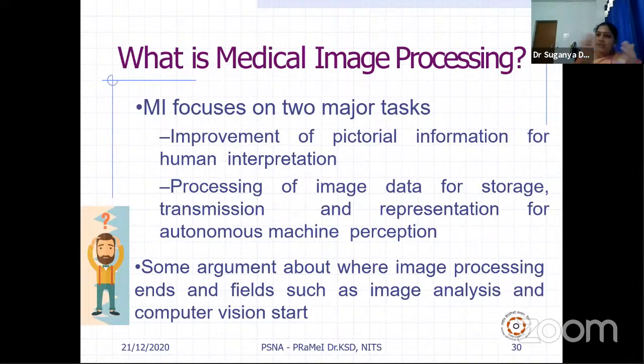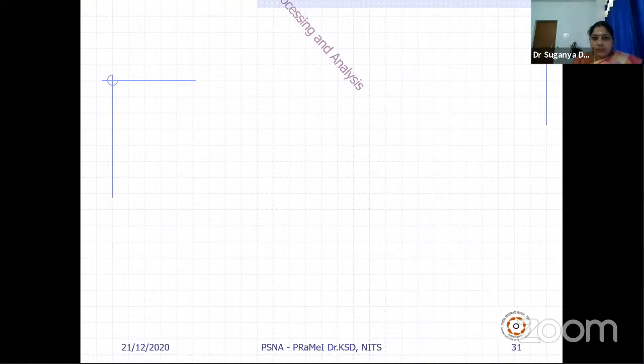First we analyze the processed images, and another thing is computer vision. I already told you, computer vision is what we do after analysis, how it can be represented in an efficient way for proper diagnosis. So this is medical image processing.